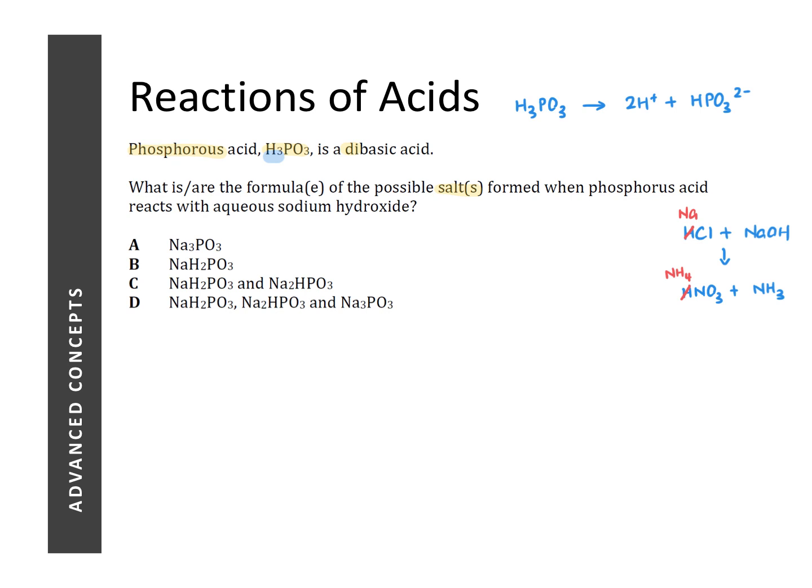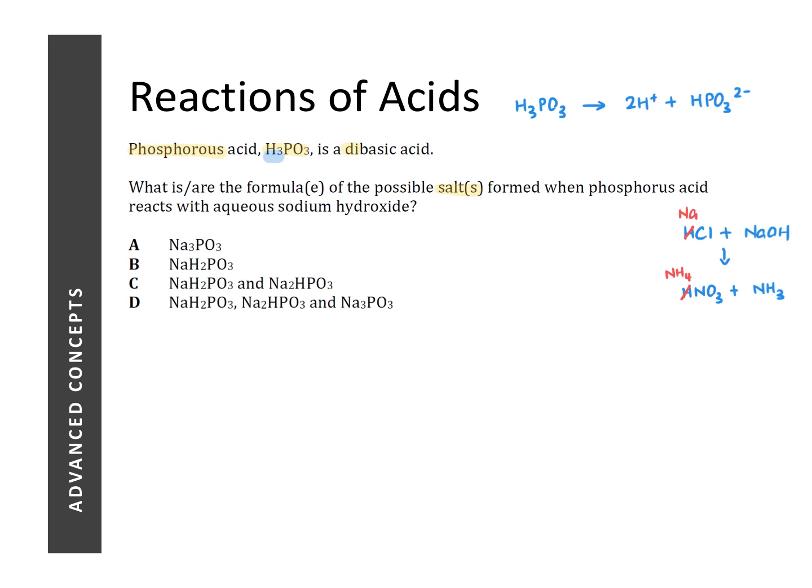Now there's one special concept that you need to learn in order to solve this question, and it involves dibasic acids. When dibasic acids undergo reaction, remember there are two possible hydrogen ions that can be replaced. So the concept here is that the hydrogen ions are actually replaced one at a time, or the hydrogen ions actually undergo reaction one at a time.